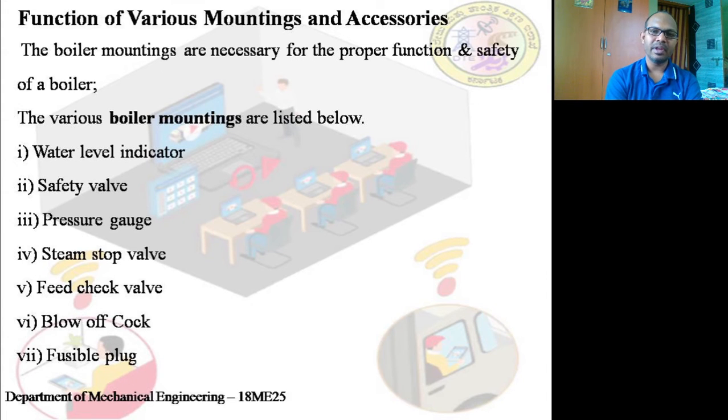The various boiler mountings are listed below: water level indicator, safety valve, pressure gauge, steam stop valve, feed check valve, blow off cock, and then the fusible plug. Now let us go one by one in detail through the functions of these water level indicators, safety valve, and different boiler mountings.